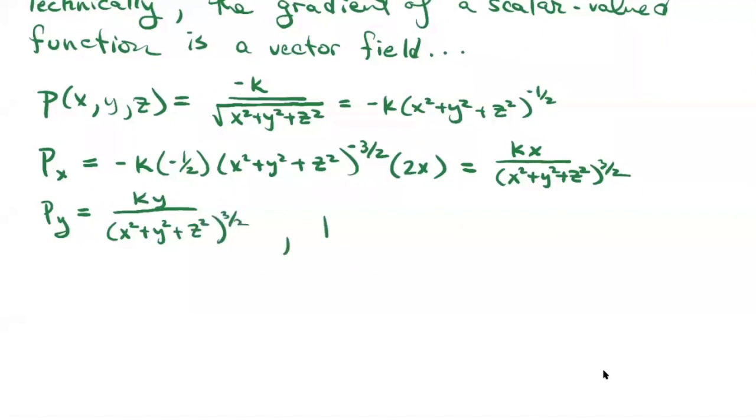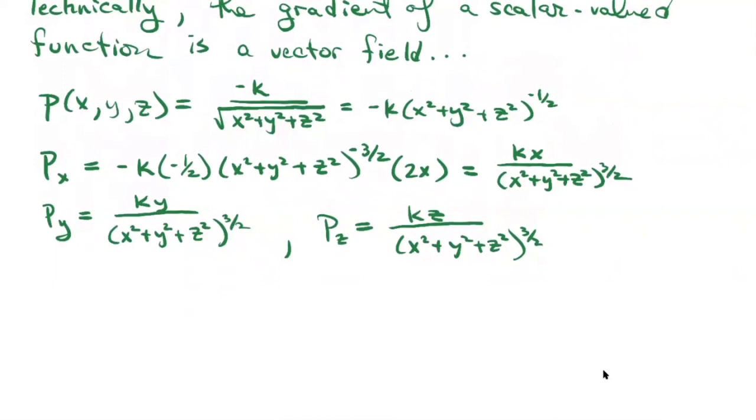And again, by symmetry, Pz is going to be Kz over x squared plus y squared plus z squared to the 3 halves. So it turns out, actually, the gradient of P is, well, it's the thing.